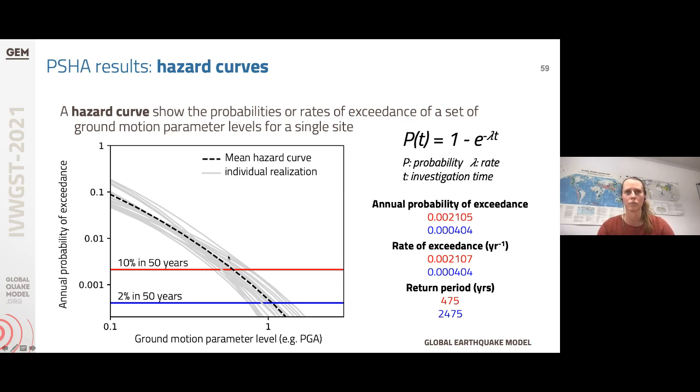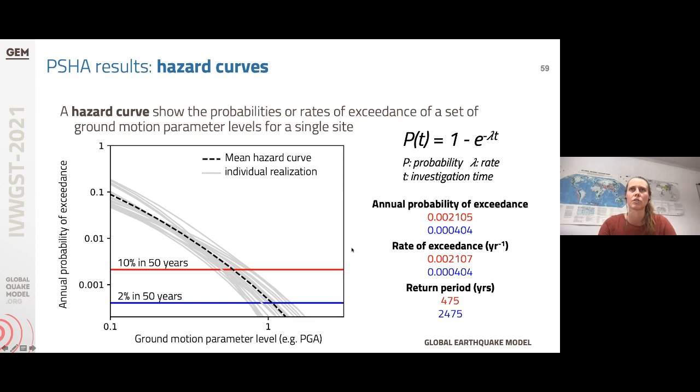So just to orient with the plot, on the y-axis, we're showing the annual probability of exceedance, and on the x-axis showing the ground motion parameter level. And as the ground motion level is increasing, the probability of exceedance is decreasing. So in other words, more extreme ground motion levels are less likely to occur.